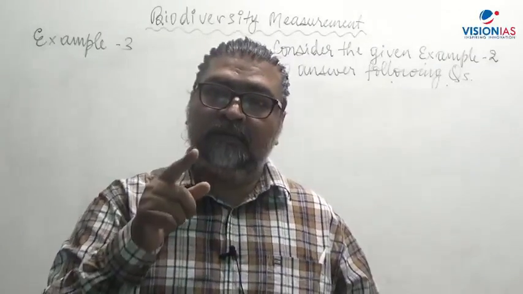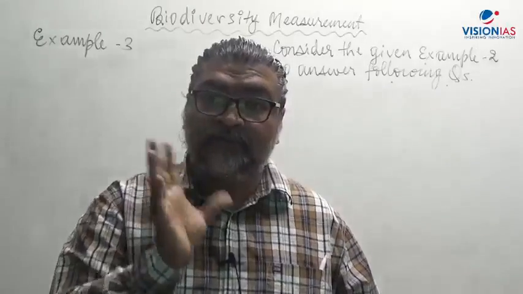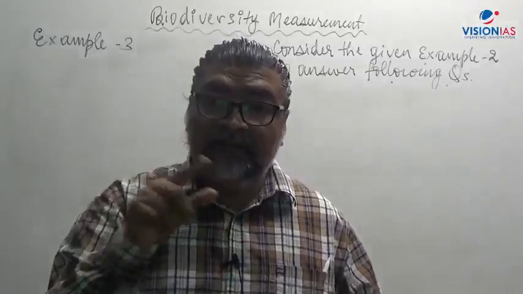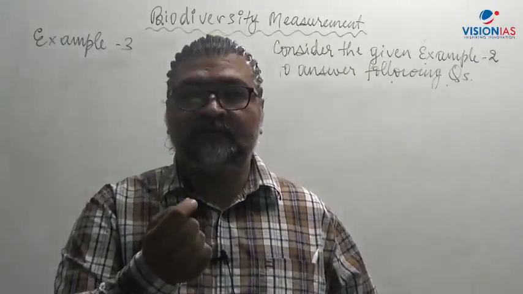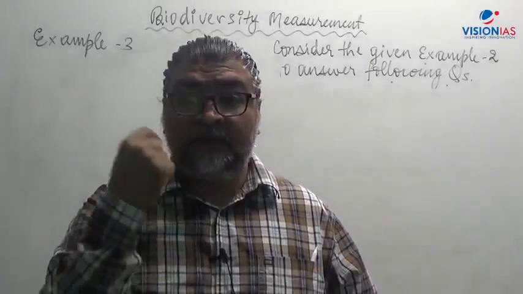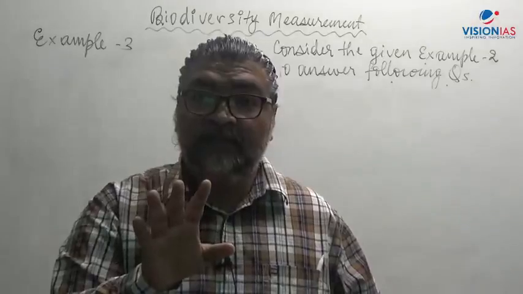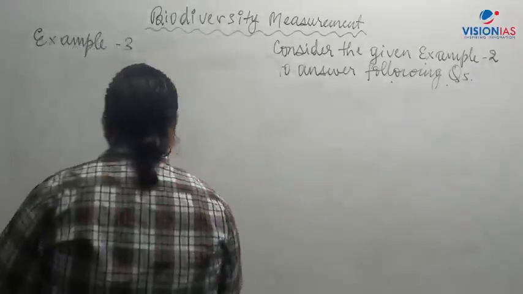In CSAT paper, you have reasoning and aptitude based questions. Even there, alpha, beta, and gamma can be asked. Based on your numerical strength, numeracy, and reasoning ability, the question can be asked. So let's consider that CSAT type of question. Example 3 here.